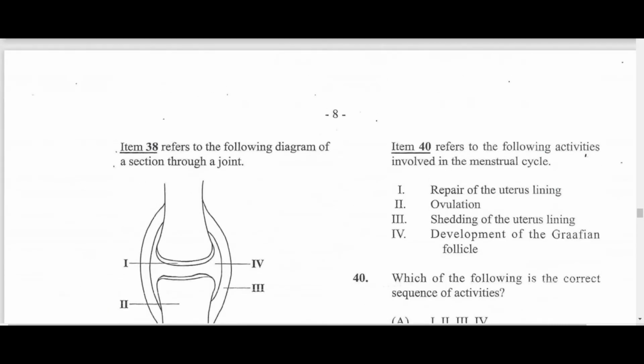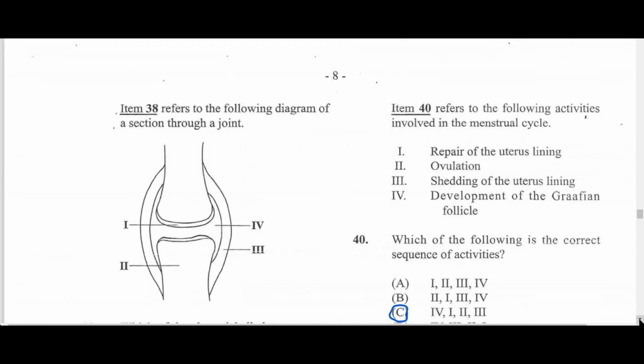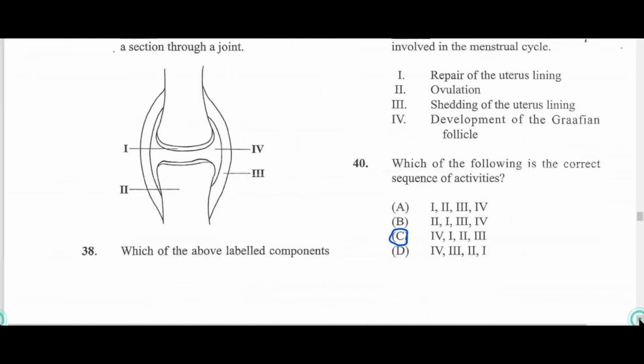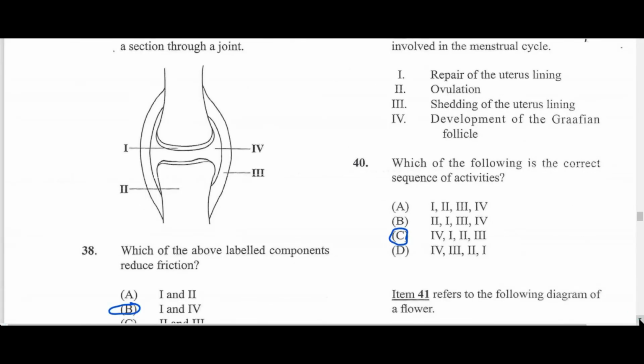Question 40 refers to the following activities involved in the menstrual cycle. I like this question, and usually the menstrual cycle falls into the null curriculum. Now, the important thing about this question is to understand at what point does the menstrual cycle begin.